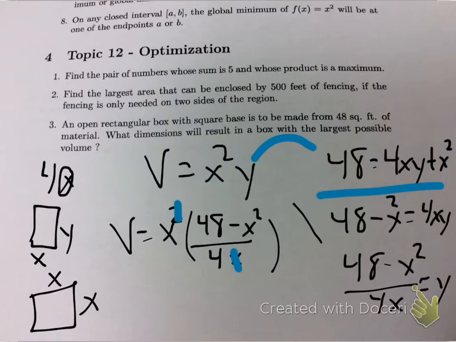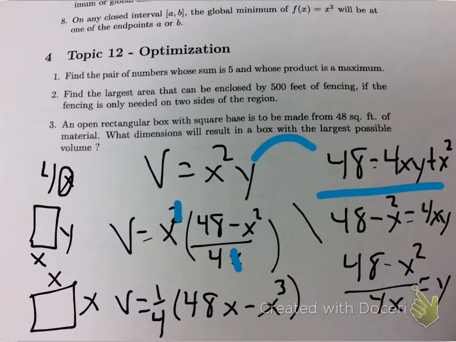In fact, if you wanted to do this with a derivative, you can make this much nicer. This is now 1/4. Let's put the 4 over front here. 48x minus x cubed. So you could take the derivative and look at the quadratic made by the derivative.